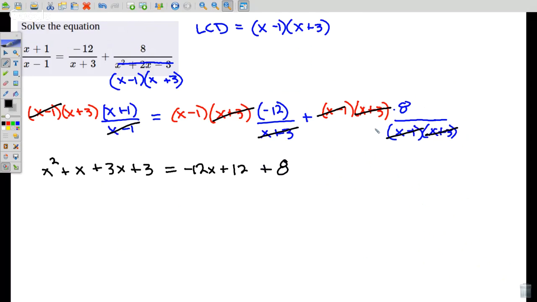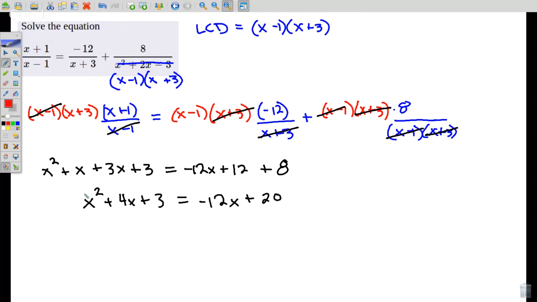Everything else disappeared. Combining like terms before we move stuff around, you get one pair of like terms there. So x squared plus 4x plus 3, and like terms here, negative 12x plus 20. So now we're ready to move stuff.